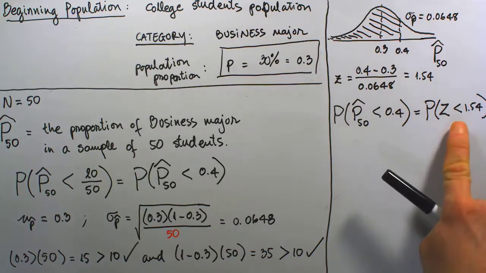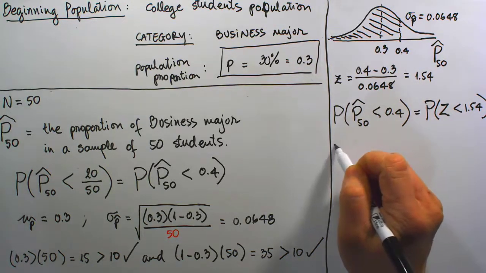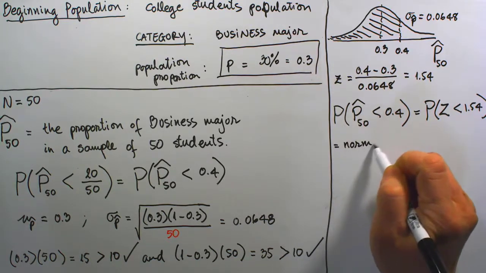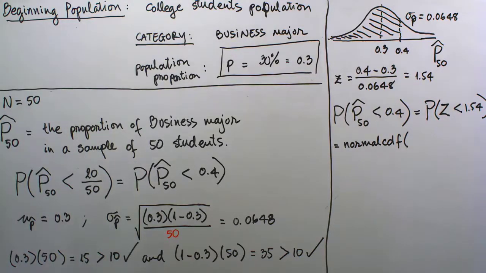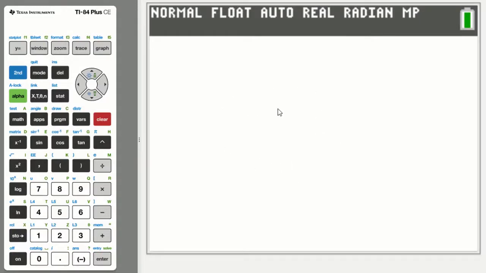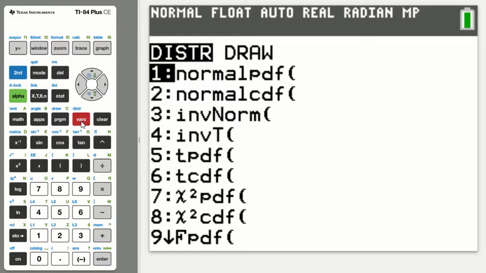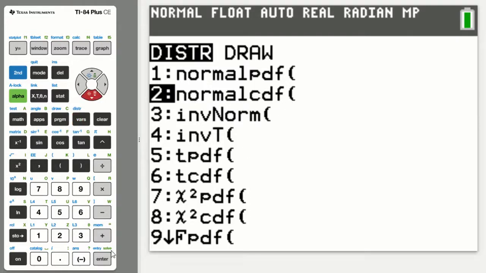we are ready to use the normal CDF command. So what matters now is to run our normal CDF command. On my calculator, and on any calculator, to retrieve the normal CDF command, we will go second distribution and roll down to the option that says normalcdf.